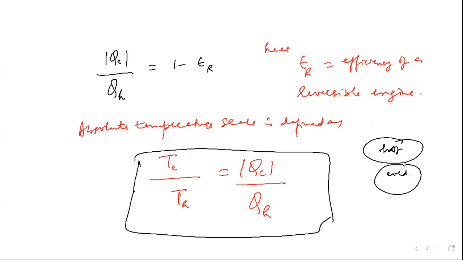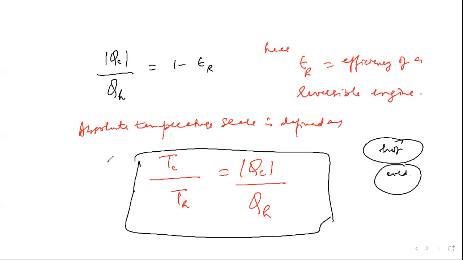Now, in order to find the ratio of their temperatures, Tc by Th, we have to operate a reversible or Carnot engine between these two bodies and carefully measure the heat rejected and heat absorbed, if any, right? And substitute those values of heat in this equation to get the ratio of their absolute temperatures.